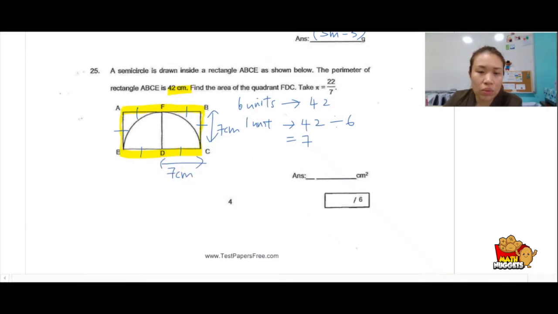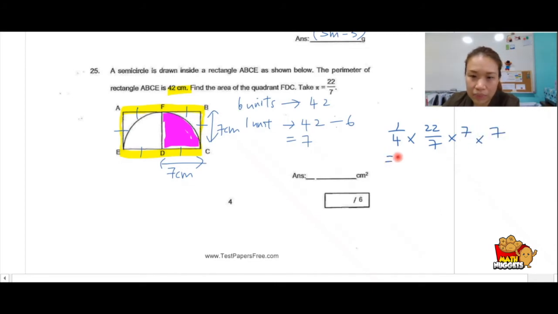We're supposed to find the area of quadrant FDC, which is just here. So that would be a quarter times pi times radius times radius.